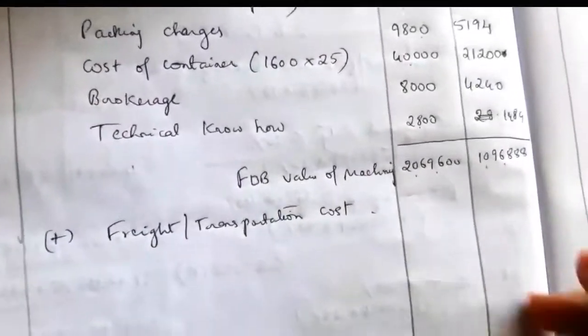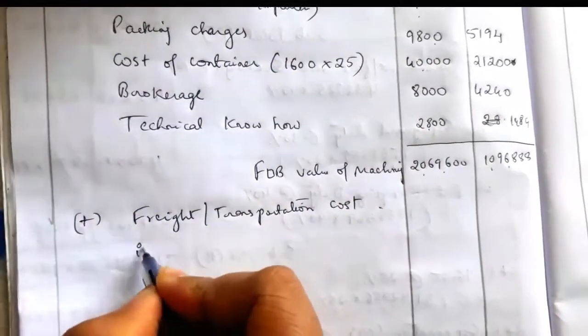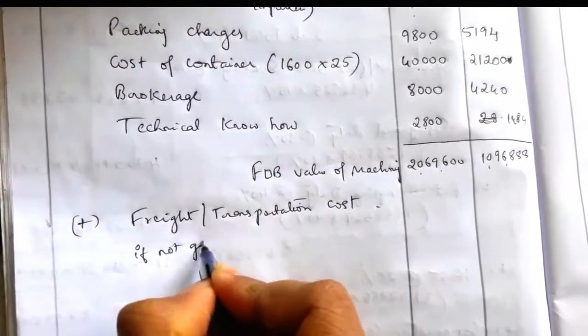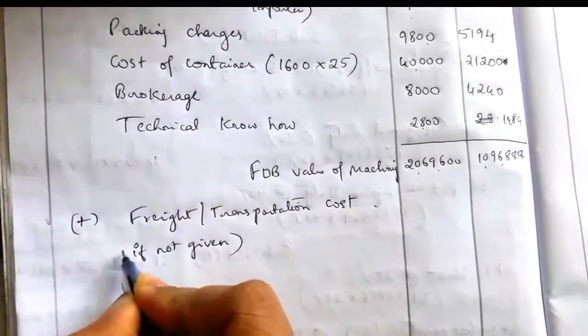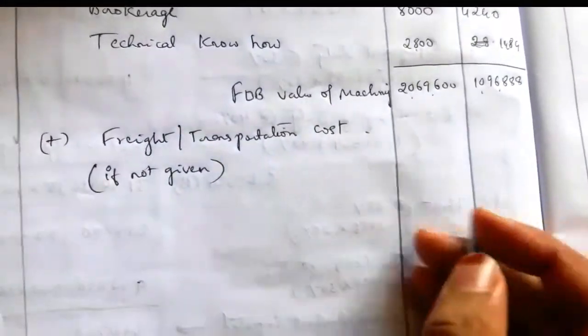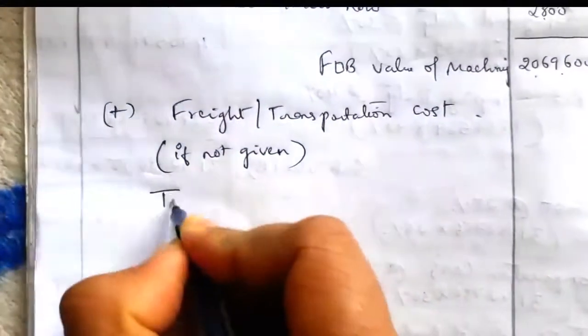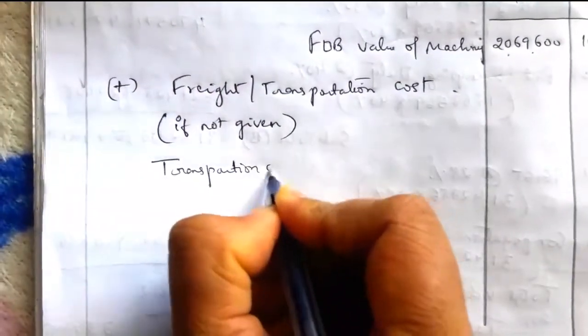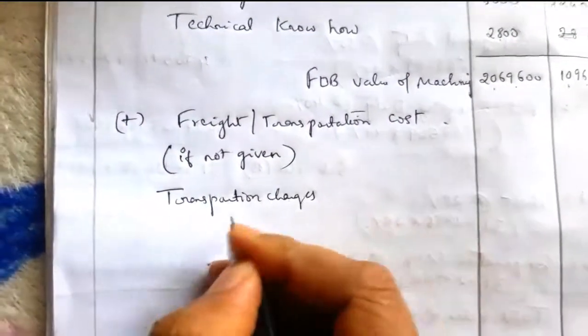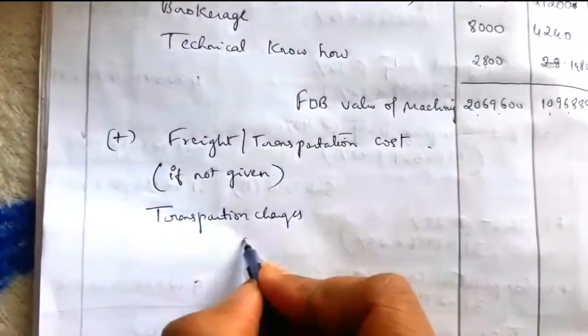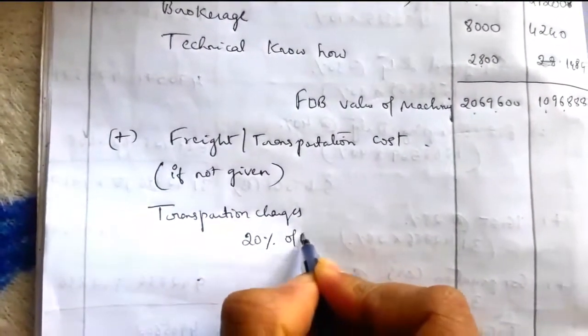So next we have to add freight and transportation cost. If the information is not given clearly whether it is ship or air, then we have to apply transportation freight here. The transportation charges are 20% of FOB.